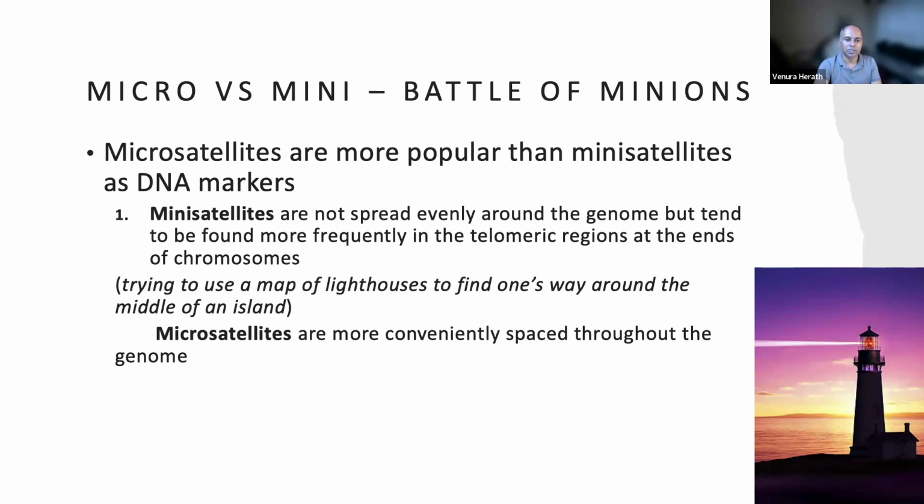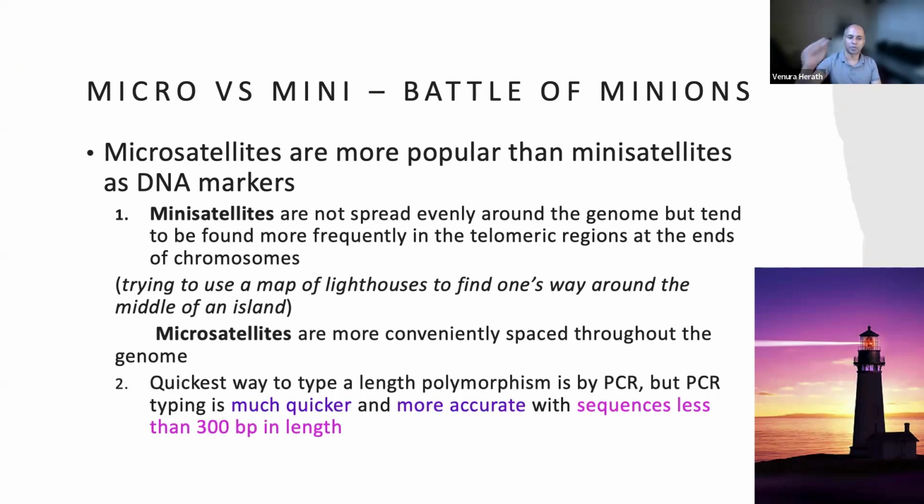Okay, so the quickest way to type length polymorphism is through PCR. But PCR reactions can be done very fast and accurately if your product is less than 300 base pairs in length.